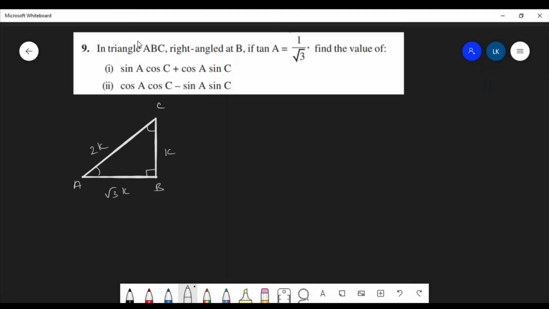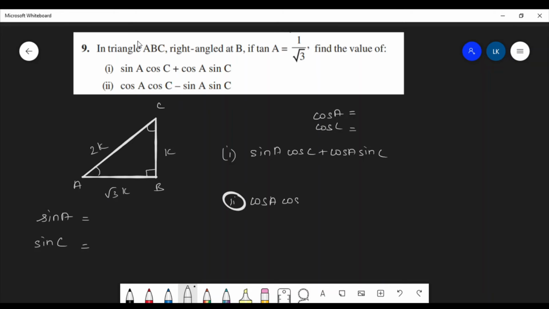By using Pythagoras theorem, we have found the 3 sides of the triangle, and now we have to find sin A, sin C, cos A, cos C. First problem: sin A cos C plus cos A sin C, and second problem: cos A cos C minus sin A sin C.